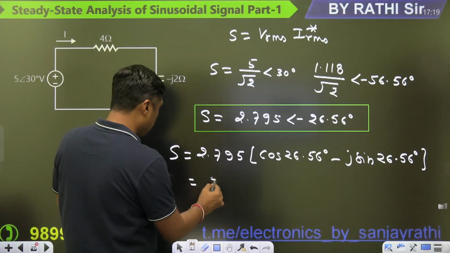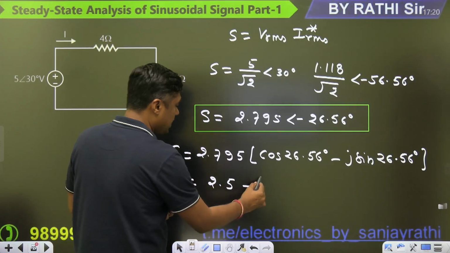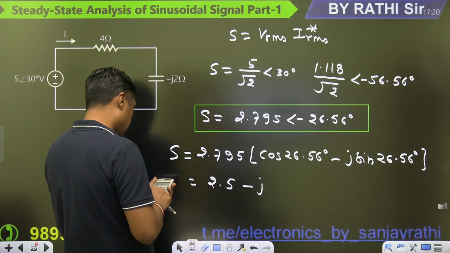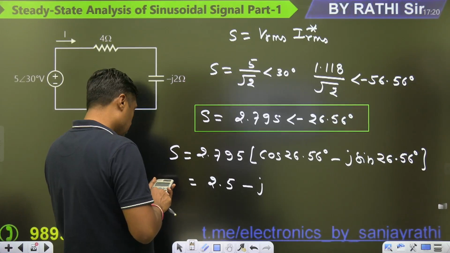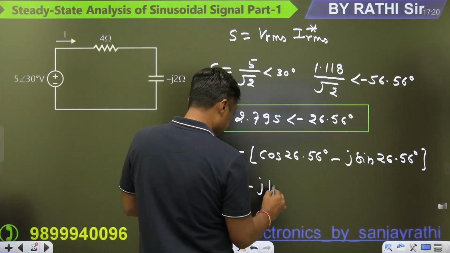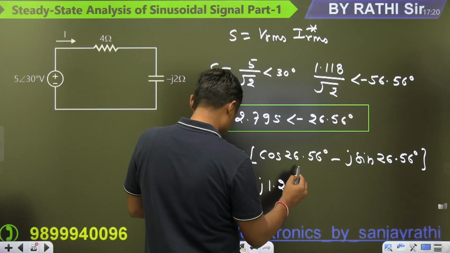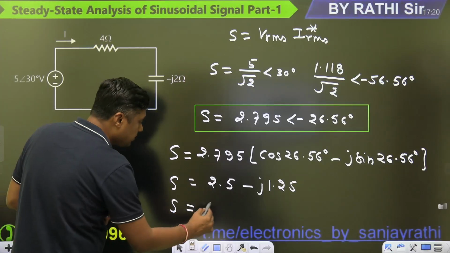So you will get 2.5 here, minus j sine of 26.56 into 2.795, 1.25 nearly. So what is this? S is equal to P plus jQ.